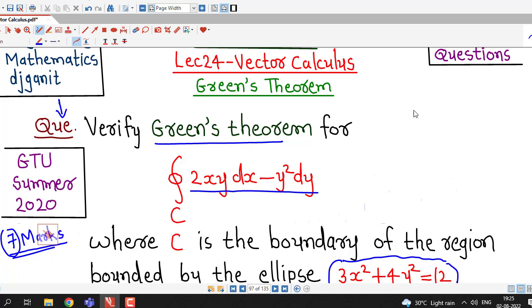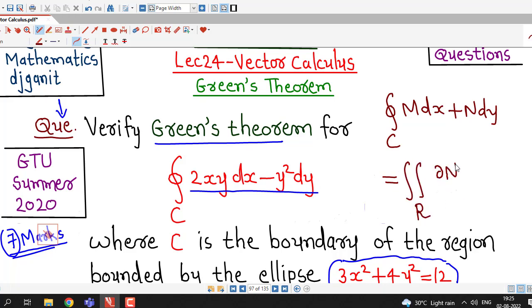So we can go for the tangential form, and if you recall, the tangential form of Green's theorem is: line integral of M dx plus N dy along curve C equals the double integral over region R of del N by del x minus del M by del y, where R is the region enclosed by this curve C. And because we are asked to verify Green's theorem, we have to compute the line integral as well as this double integral.